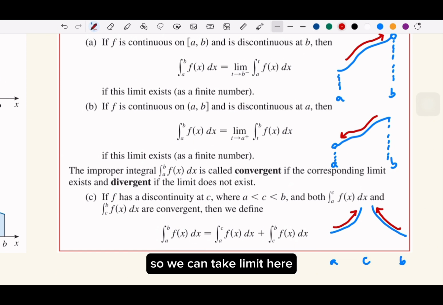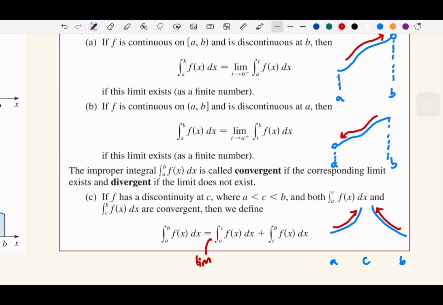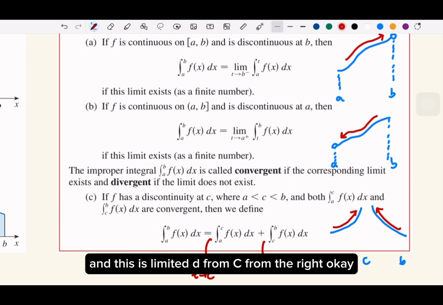We take the limit as T goes to C from the left, and the limit as T goes to C from the right.